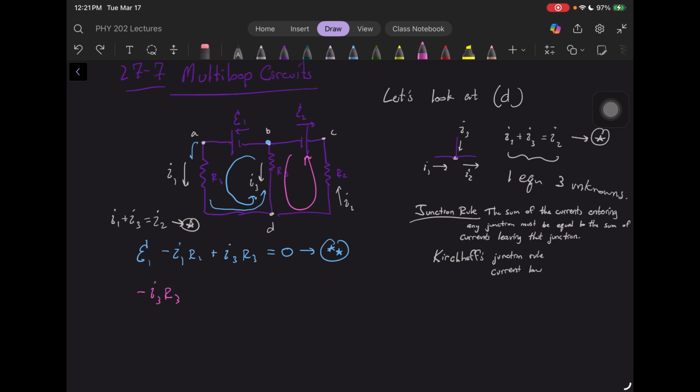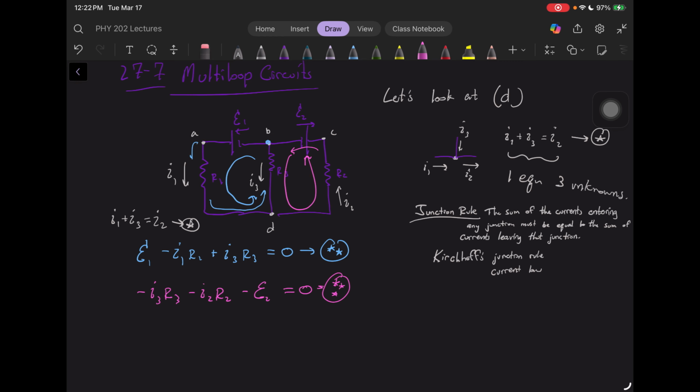And then we're going with I1 through R2. And so we're also going to have minus I2 R2. And then we're going the opposite direction of E2. So we'll have minus E2, and we're back to B, equal to 0.